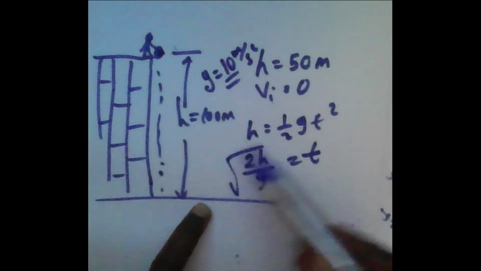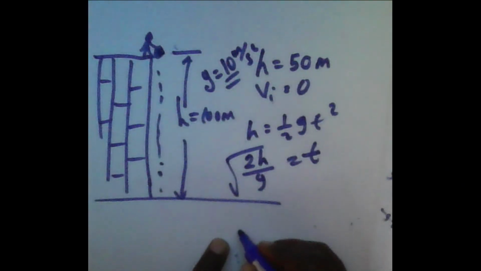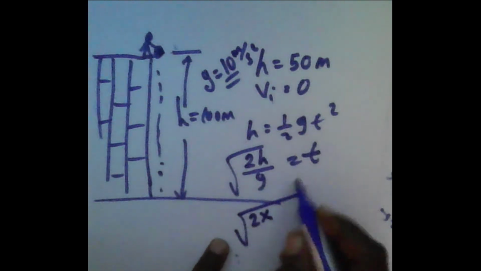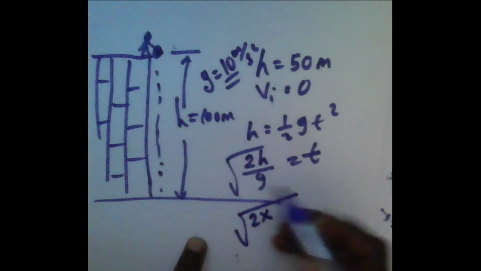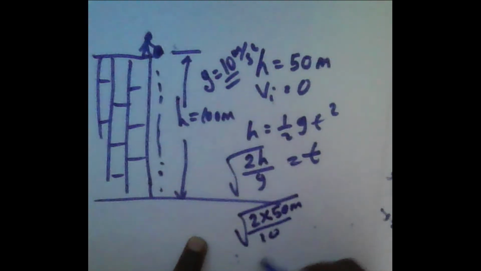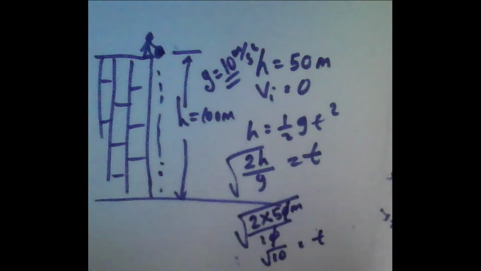So under the square root, 2 times 50 meter divided by 10, the 0 cancels the 0. The time is the square root of 10.